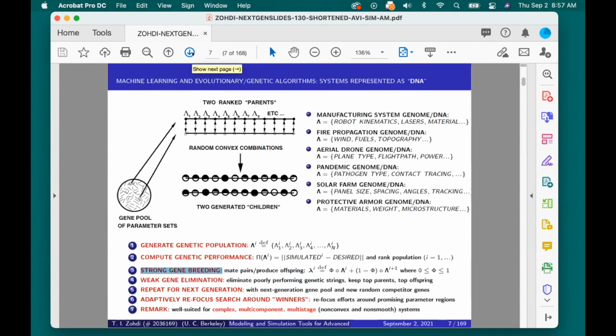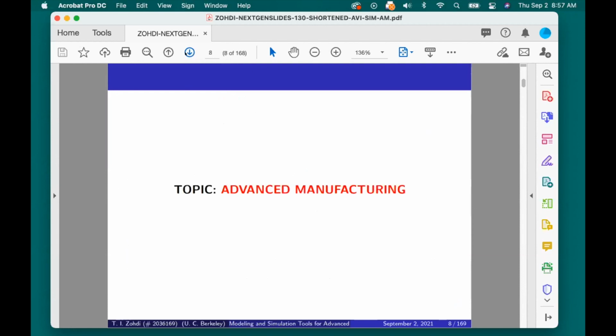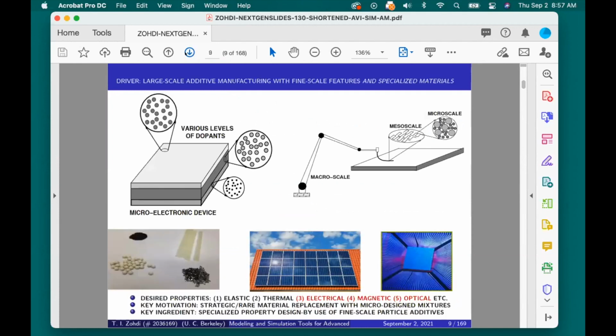Oftentimes in these kinds of problems, it's hopeless. The multi-stage, multi-component aspects of this make it simply impossible to have any kind of smoothness or convexity, even at the smallest scales. So let's look at a typical example that we deal with. One in the Bay Area, of course, is solar panel design.